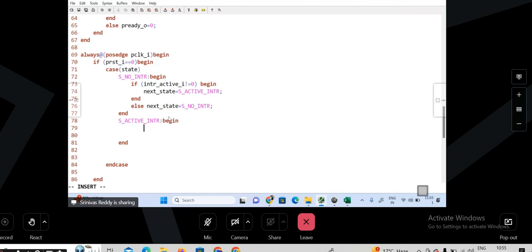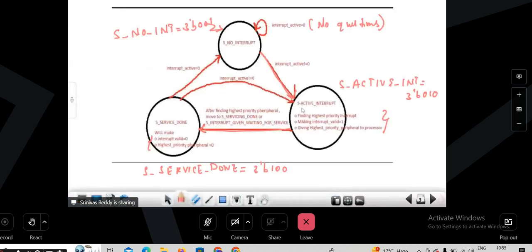While going through the for loop, what I am doing? Interrupt active of I. First iteration I is equal to 0. If this is equal to 0, then it is going out of this if.